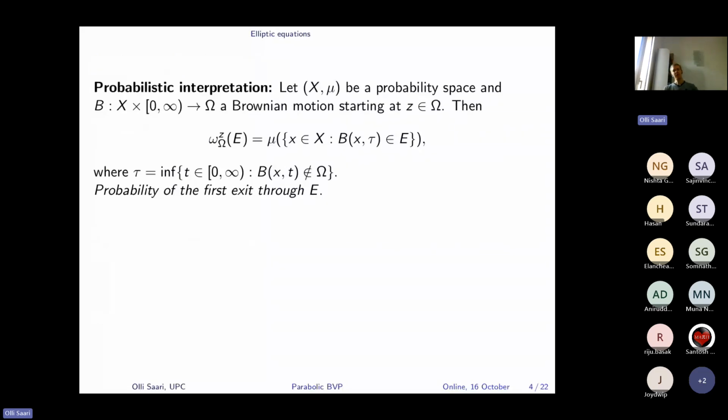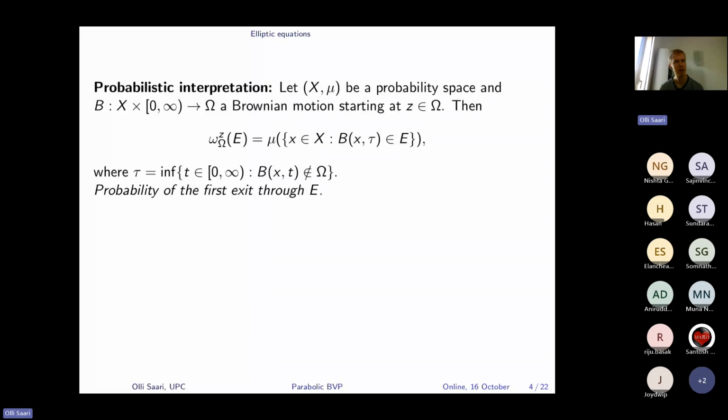The first thing is the intuition. So using the probabilistic interpretation of this problem, we can say that if we start Brownian motion at the point Z, then the probability of first exiting the domain through the set E is exactly the harmonic measure of the set E. And this gives some idea how this measure is distributed.